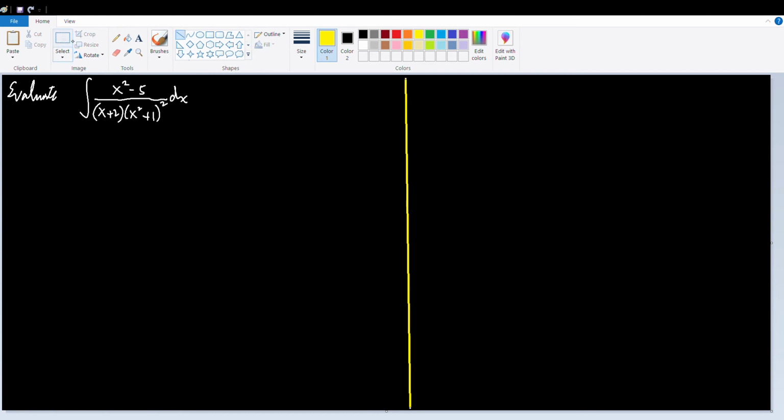So let us break this down into partial fractions. So x squared minus 5 all over x plus 2, x squared plus 1 squared. Supposing that you have two quadratic factors in the denominator, so you have x squared plus 2 squared and x squared plus 1 squared.